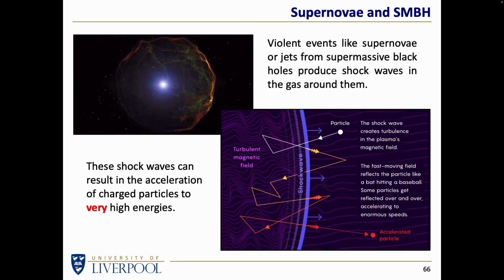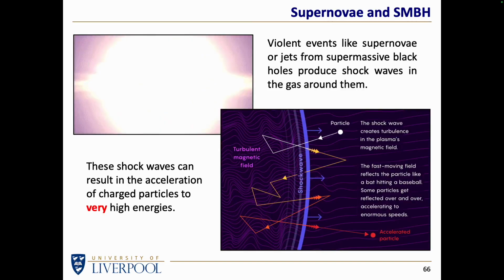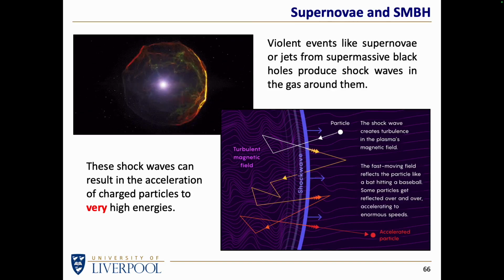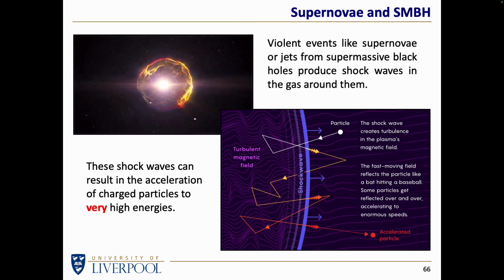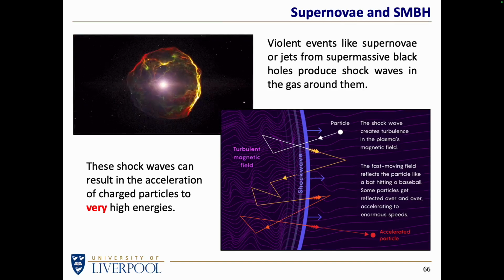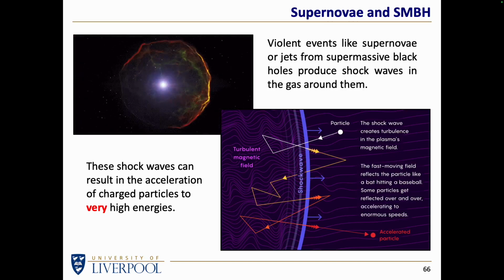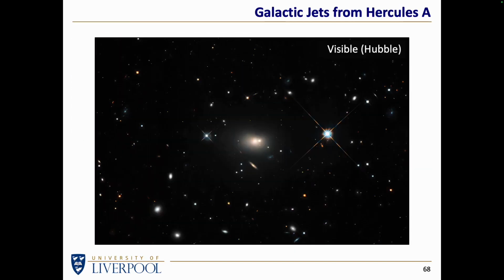And it is thought that shock waves, possibly from supernova, possibly from the jets of supermassive black holes, might be responsible for accelerating particles to very, very high energies. But we're not too sure, and we're not actually convinced of the mechanism. There's a few hypotheses as to how these shock waves might effectively accelerate particles.